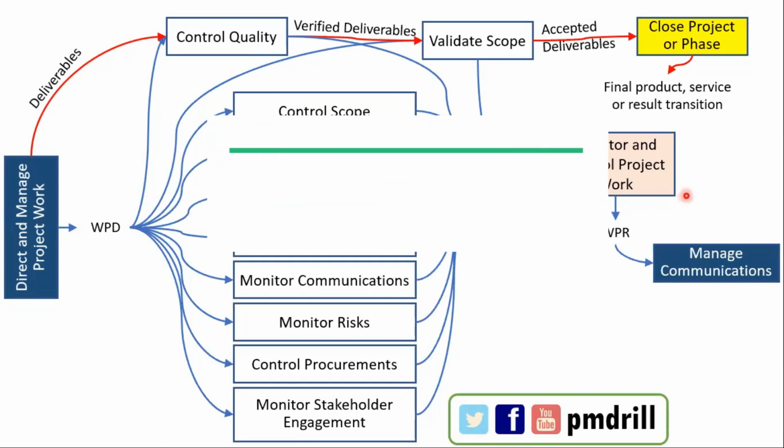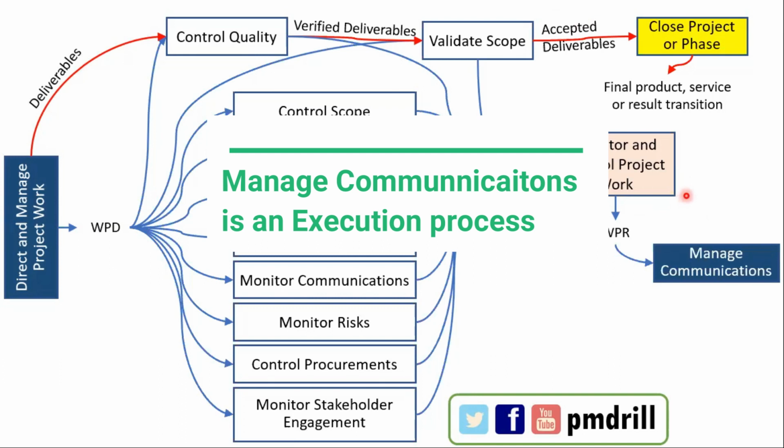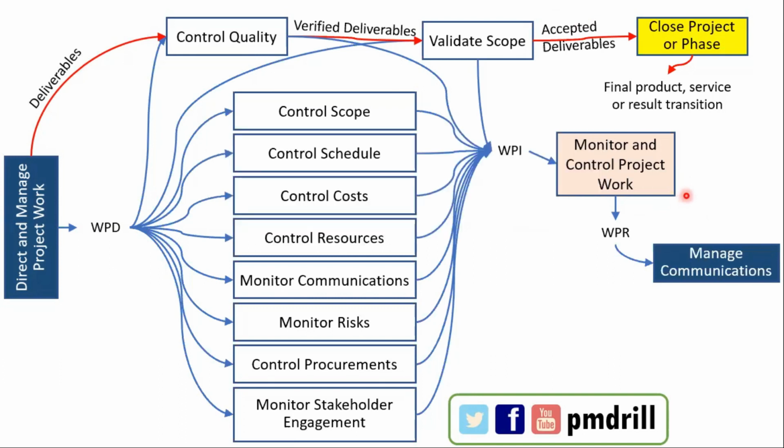So remember, any communication from the project should always go through the manage communications process. It can be work performance reports, quality reports, a risk report, a change log, a lessons learned register. It doesn't really matter. Whatever you want to communicate, you need to send that report to the manage communications process.